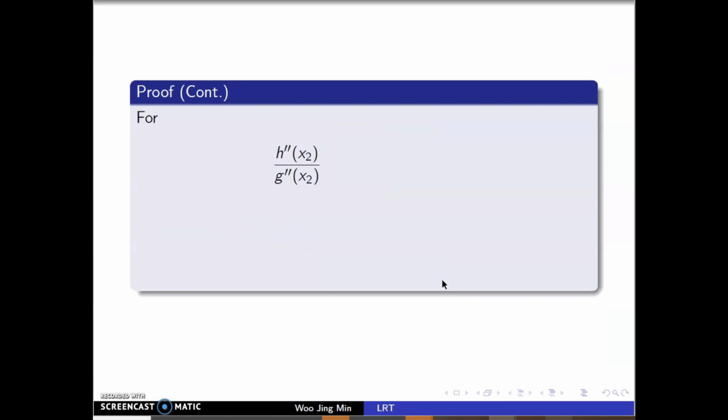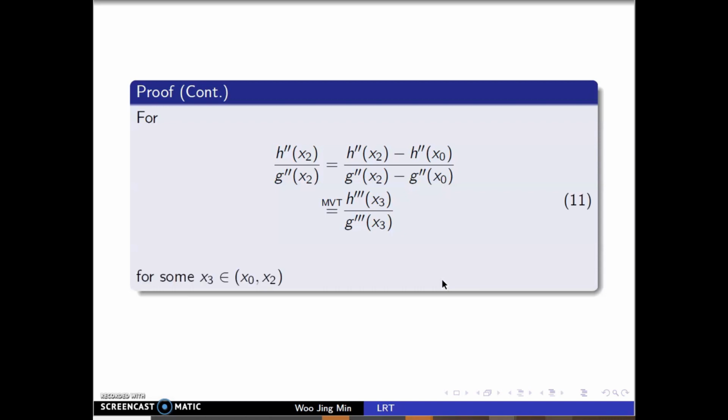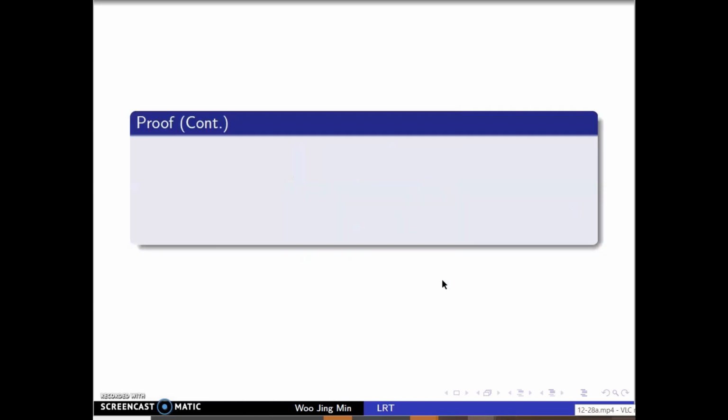So for h double prime of x2 over g double prime of x2, you can easily do the same thing, because h double prime of x0 and g double prime of x0 both are just 0 anyway. So then by the MVT you have h triple prime of x3 divided by g triple prime of x3, for some x3 that is in x0 to x2.